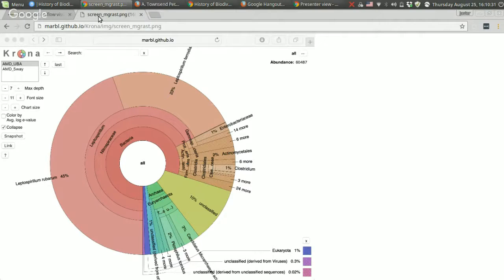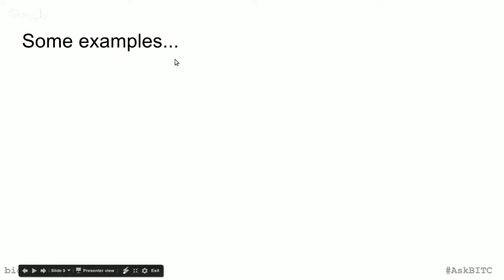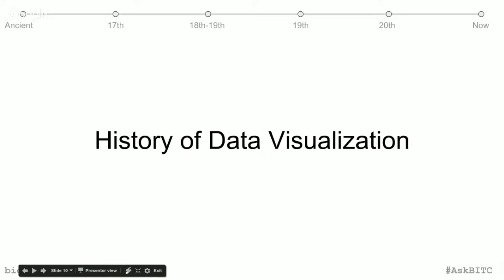And in a customizable way, a user can go to the application and play with the graphic variables in order to show more or less. So going back to the presentation, let's begin then with the history itself of data visualization.